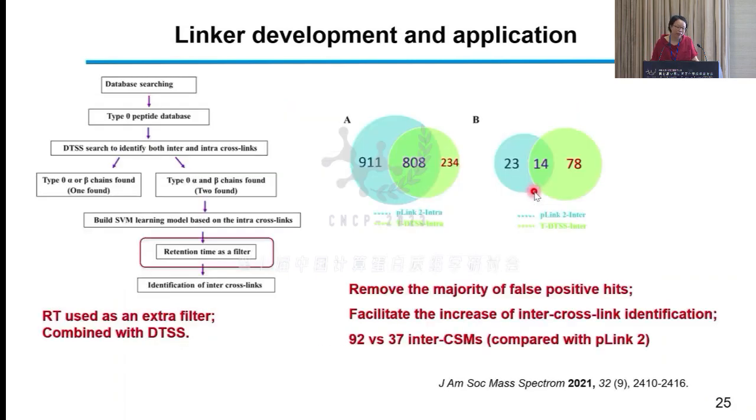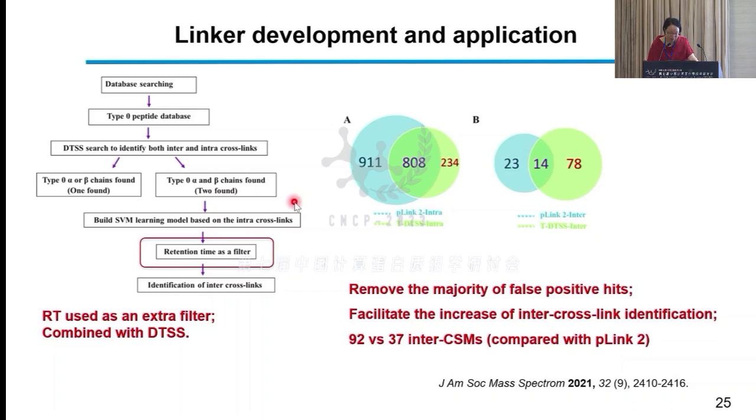So we established our new workflow for the SLMS. We use retention time as an extra filter, and it can remove the majority of false positive hits and facilitates the increase of inter-cross-link identifications.